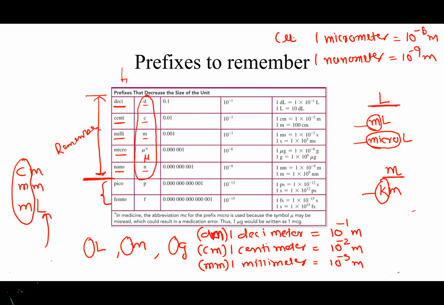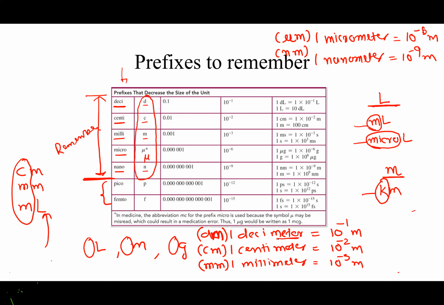Micro would be μm, and nano would be nm. Because it is a lower symbol, it means it's a smaller value, which means it should be 10 to the power of a negative number. So -1, -2, -3, -6, and -9. I just want you to understand this.